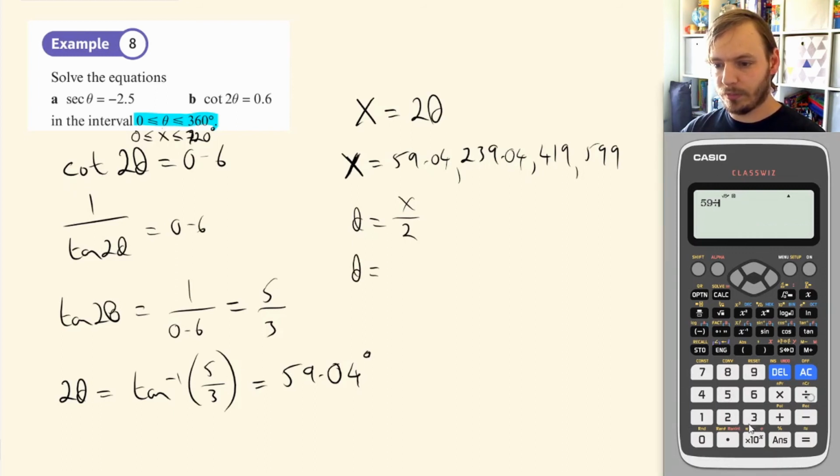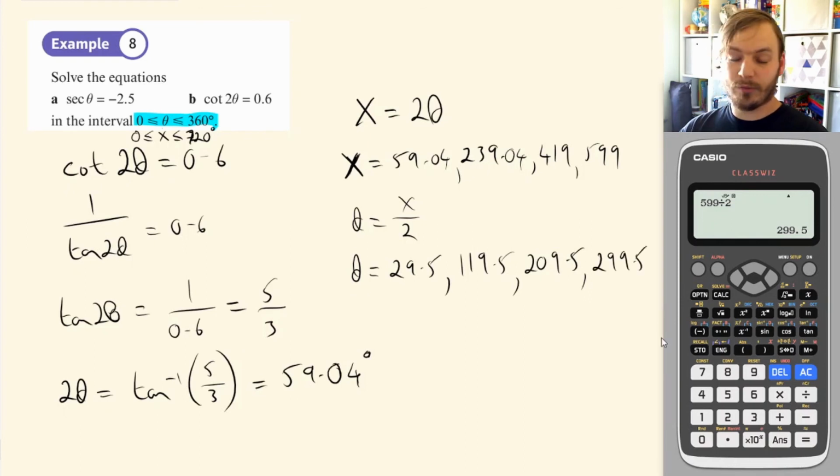So if I do my original 59 divided by 2, I'm going to get 29.5. 239 divided by 2, I'm going to get 119.5, and 419 divided by 2, 209.5, and finally 299.5. And I'm going to get 4 answers.